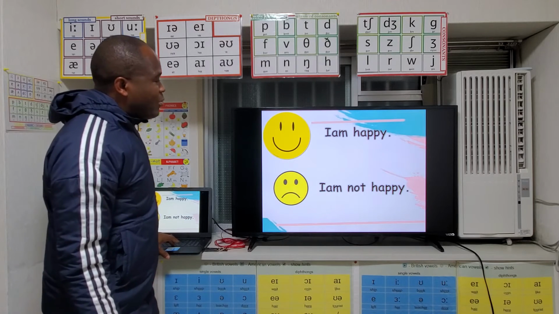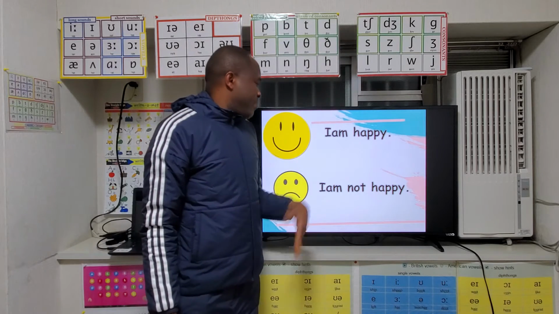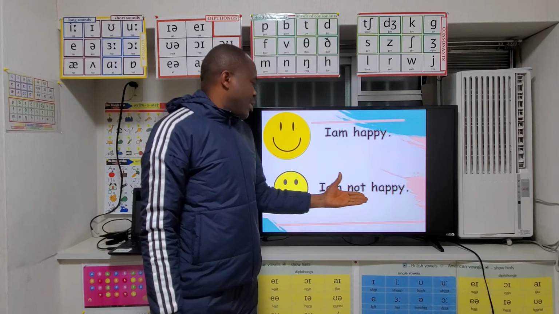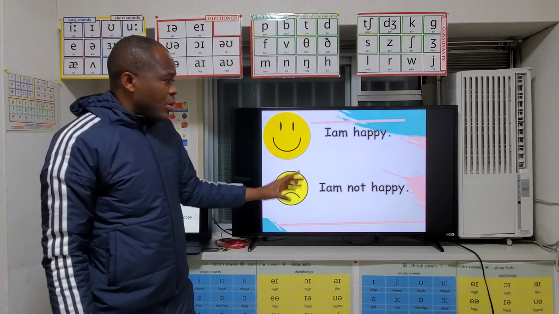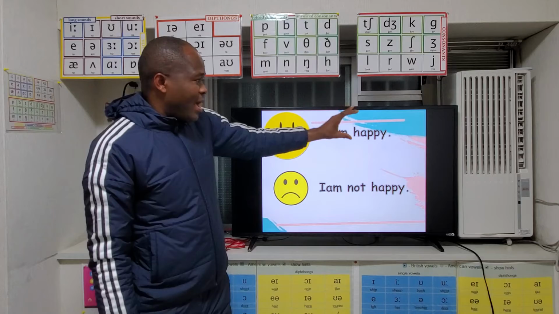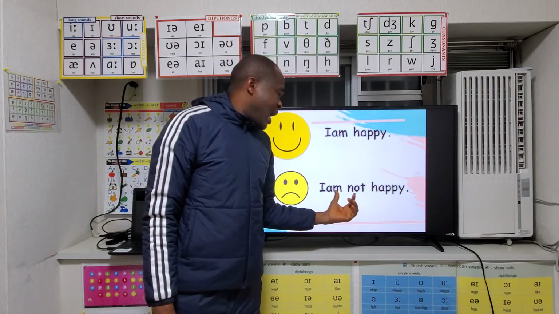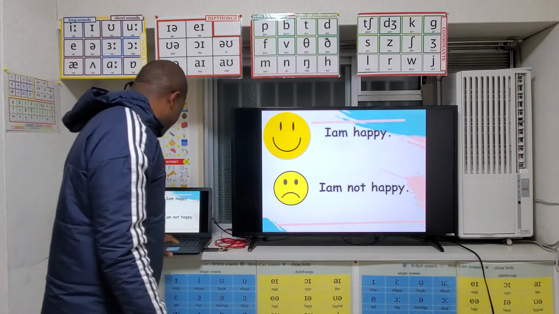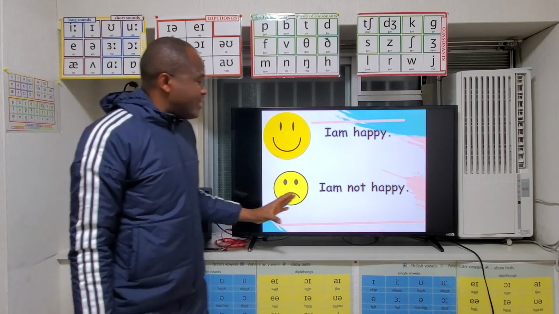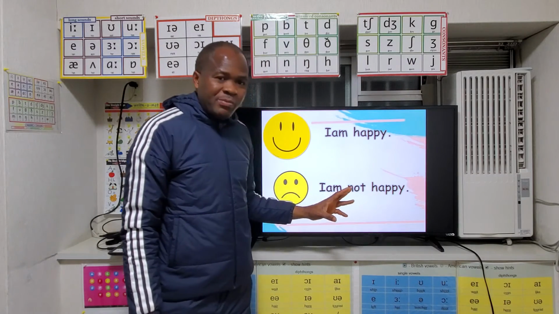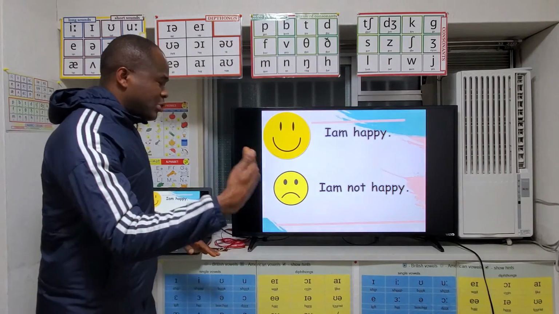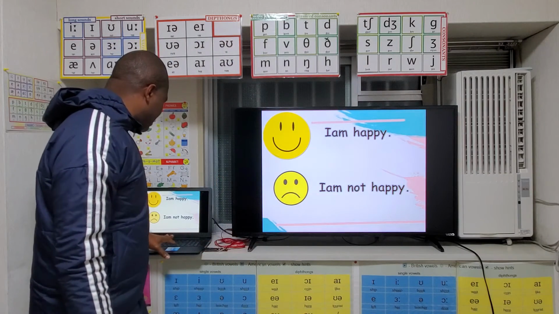So in this example, we're going to look at I am happy. I am not happy. So that's a negative form. The positive form is I am happy. So we just introduce a new word, not. I am not happy. And usually the not comes after the to be verb. Just remember, after the to be verb, we place our not.